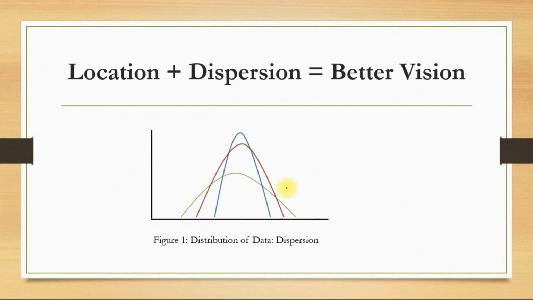If we try to understand the concept of dispersion with the help of visualization methods, figure 1 here can help us. In figure 1, we have frequency distributions of 3 data sets represented by 3 different colors: blue, red and green.